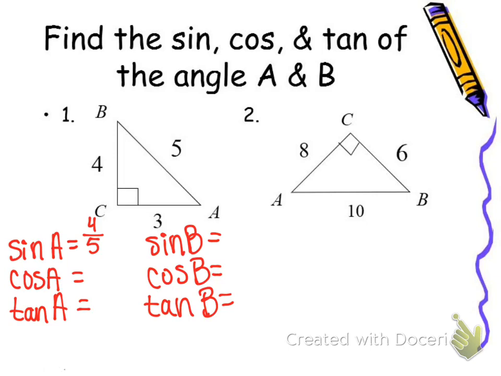What side is adjacent to angle A? 3. And our hypotenuse is still 5. For the tangent, we want what over what? Opposite over adjacent. What's the side opposite of A? 4 and adjacent, 3. Questions about sine, cosine, tangent on angle A?